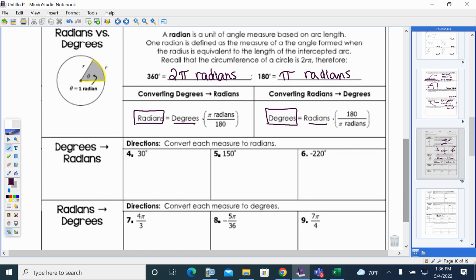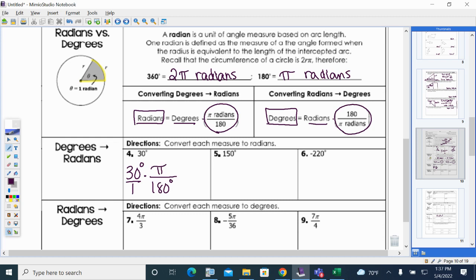For example, we know that when converting between degrees to radians or radians to degrees, it involves a pi and it involves 180 degrees. So if I'm converting this 30 degrees to radians, I'm going to multiply by a fraction so that the degrees are going to cancel, which means the 180 degrees needs to go in the bottom and the pi is what's going to go in the top.